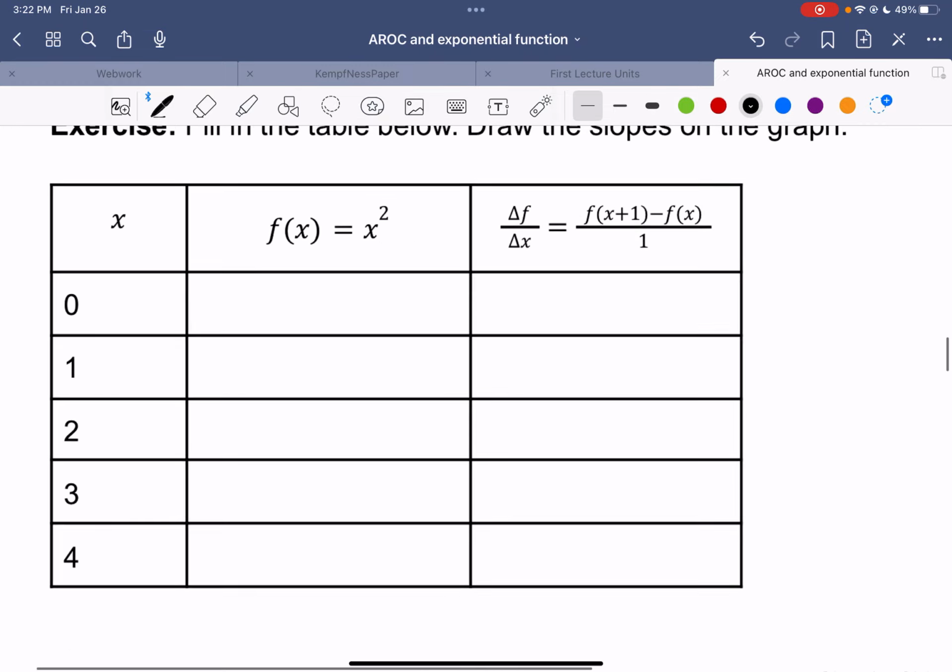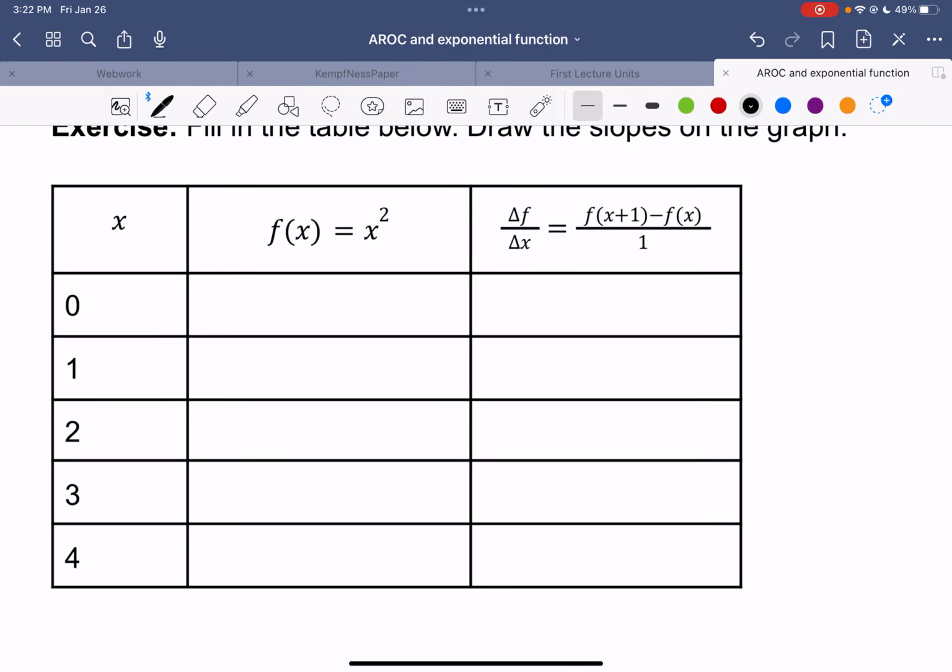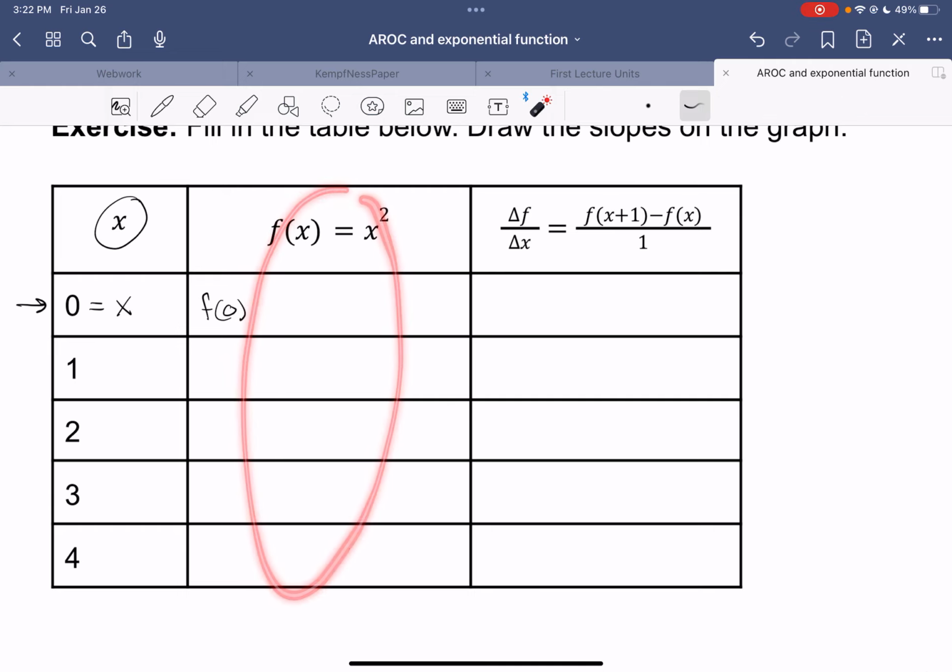So let's fill in this table below. How the table works is each row is specifying your x value. So this is the row where everywhere you see x, you get to replace it with 0. So what goes in this box is f of 0, because what goes in this column is f of x.